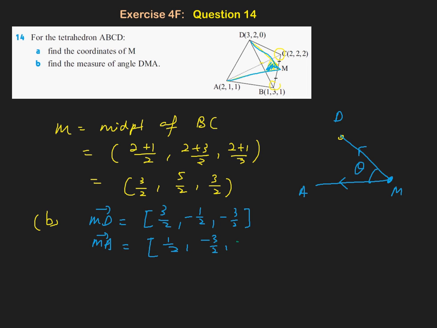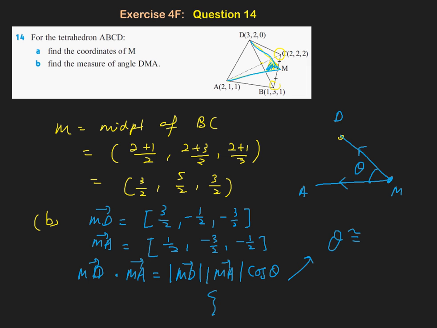And so using this formula again, MD dot MA is equal to the magnitude of vector MD and the magnitude of vector MA times cosine theta, and you do your stuff, and you should get theta approximately equal to 51.5, I think. Right. So try those, and probably you can try also question 15, and see you in part 4 of the video, and all the best.